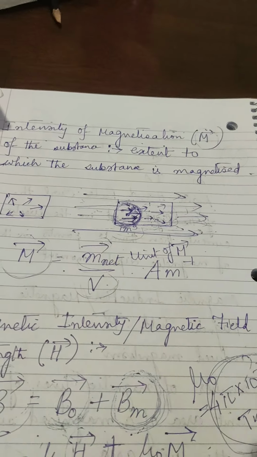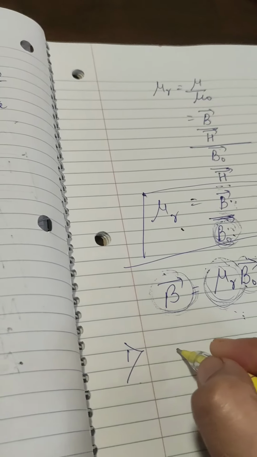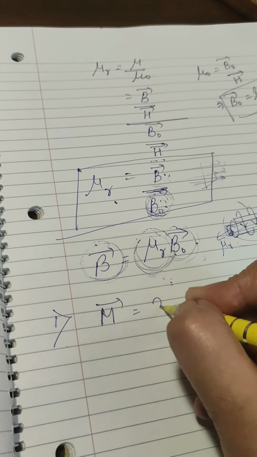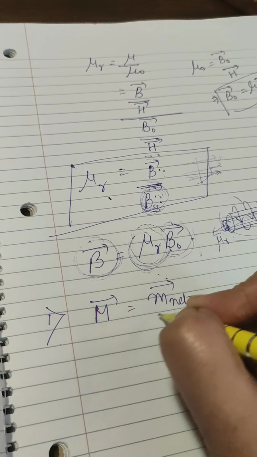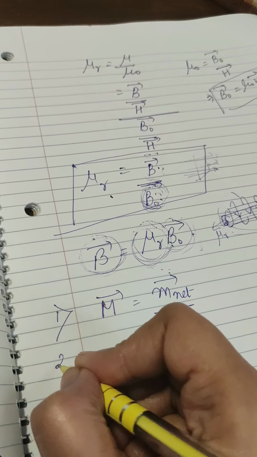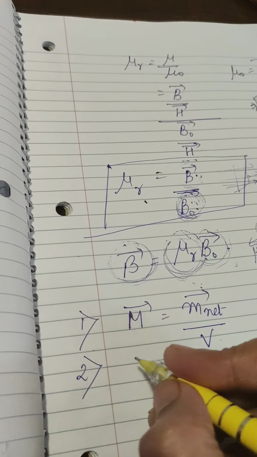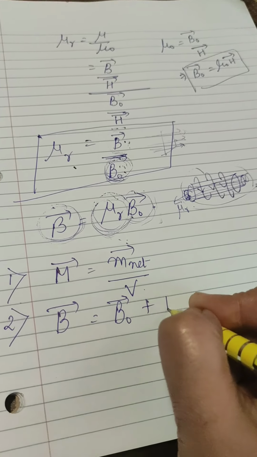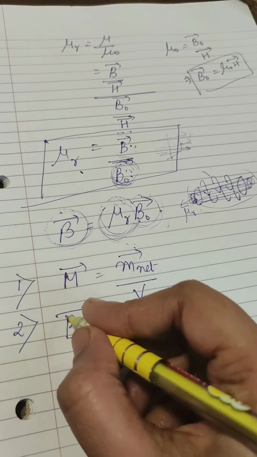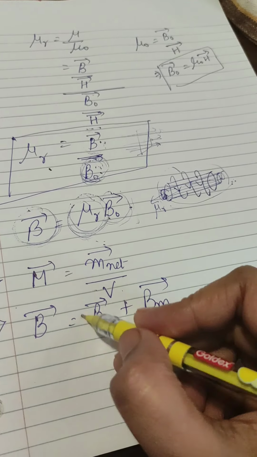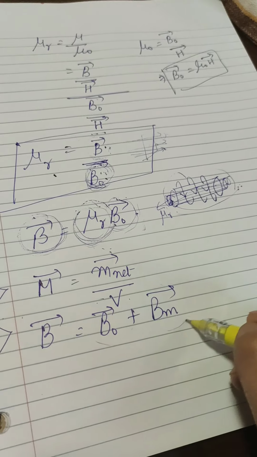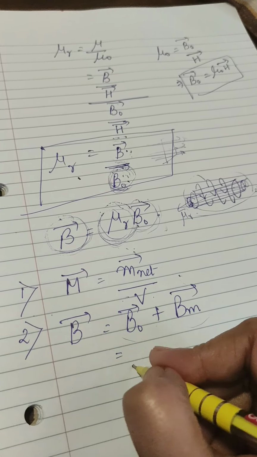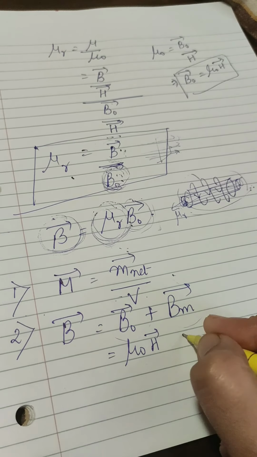First, M, the intensity of magnetization, is the net magnetic moment per unit volume, M equal to m by V. The second relation is B equal to B naught plus Bm. The net magnetic field inside the substance is the external field plus the field due to magnetization of the substance, that is mu naught H plus mu naught M.